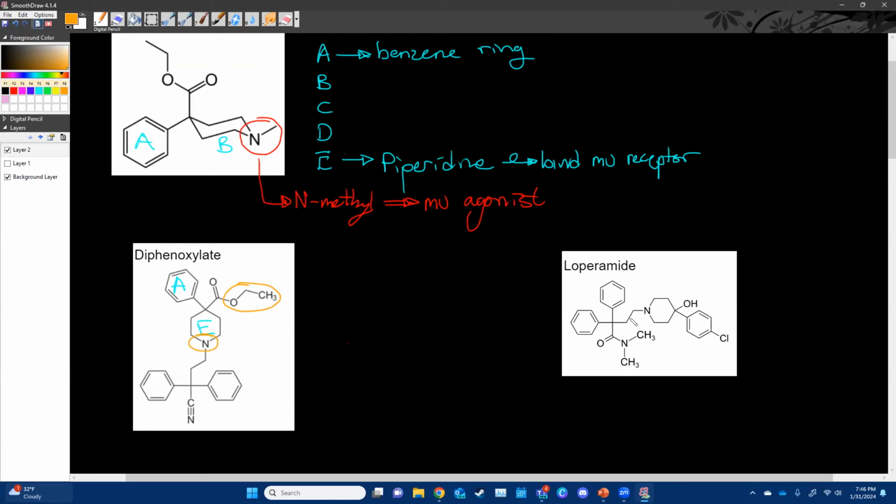In these drugs, such as loperamide and diphenoxylate, the biggest thing that happens with them is that they form what's called a Zwitter ion. What ends up happening is that these drugs have a positive and negative charge at the same time.